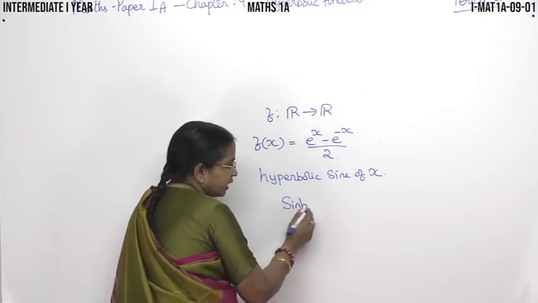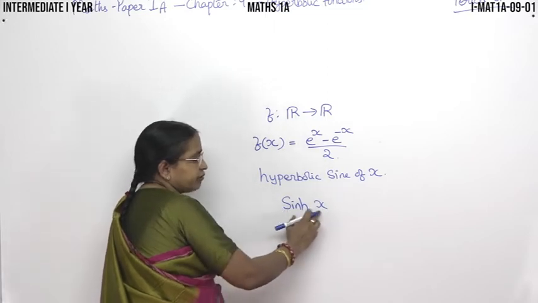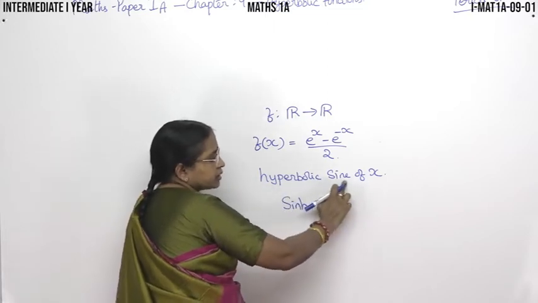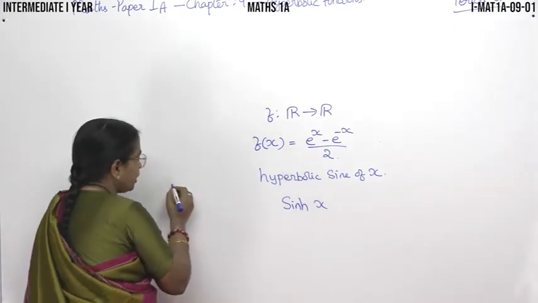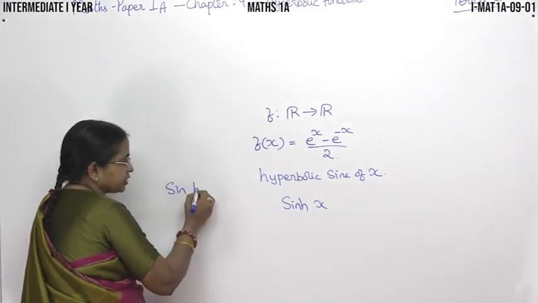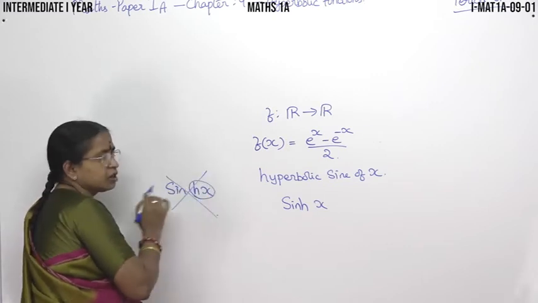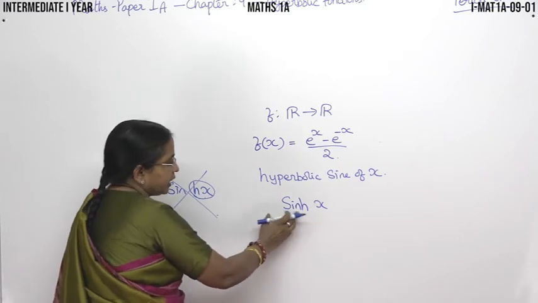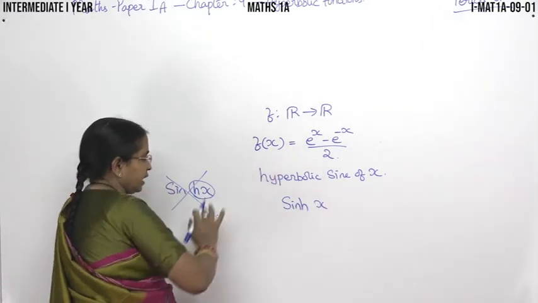You must write sinh together. Hyperbolic sine of x is written as sinh x. So you should not write sine of hx. This way of writing is wrong. You must write sinh together and x separately, where x is any real number.